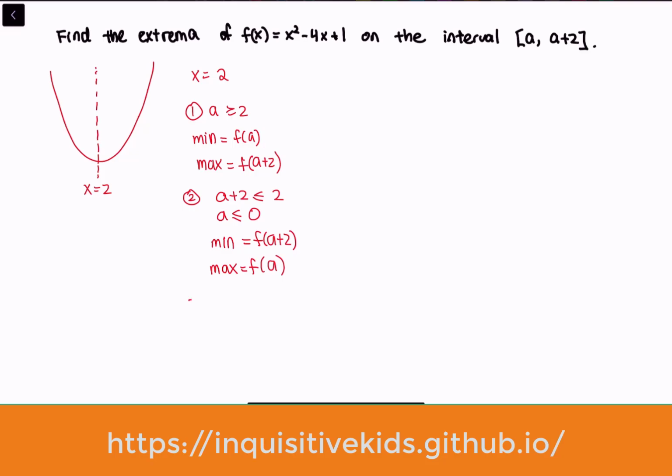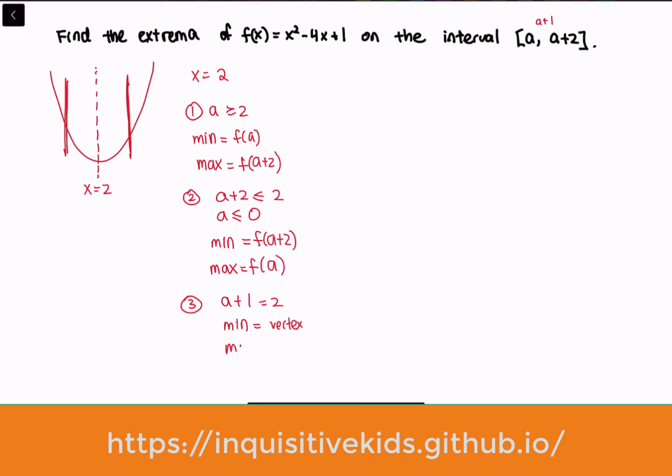Now we have a third case. This is if a plus 1 is equal to 2. We got this a plus 1 from finding the number right in the middle of the interval. This is saying if the interval is symmetrical about x equals 2, then the minimum value must be the vertex, because this interval contains the vertex.